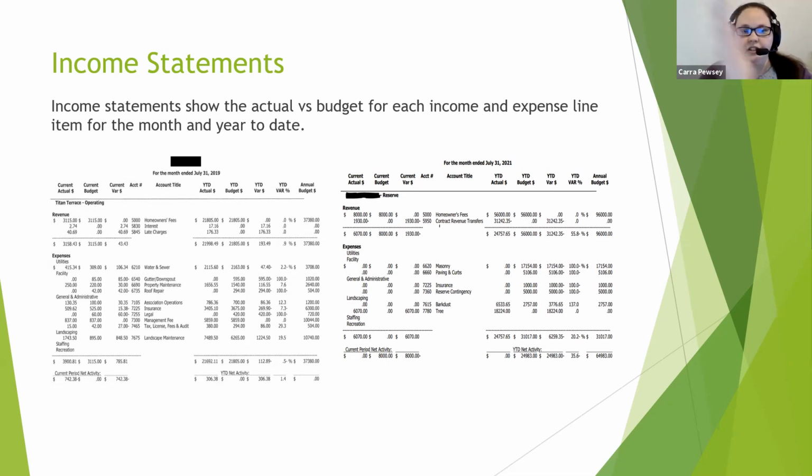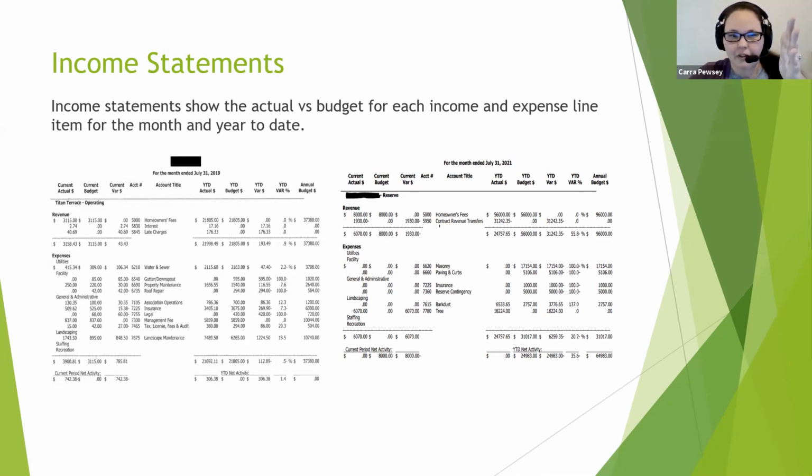Now, to give you a side-to-side view of this, we'll start at this end. We have the current month, in this particular case July: actual expenses, budgeted expenses, and the variance between the two, negative meaning that it is under budget, a positive being that it is over budget.